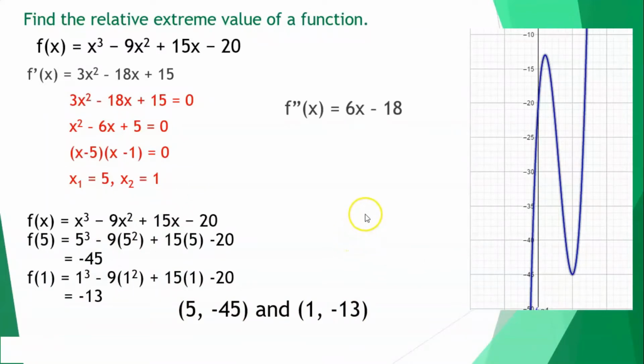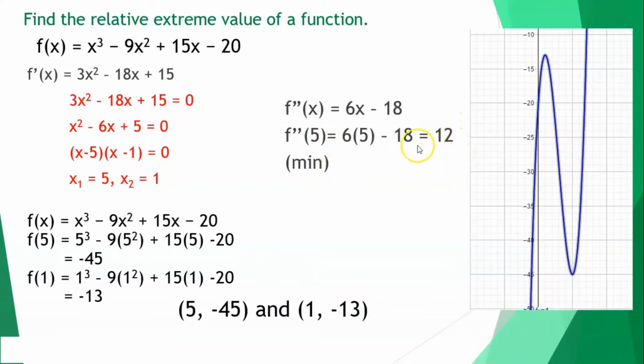Let's solve for the second derivative. This is our first derivative. To get the second derivative, this would be 6x, and the derivative of negative 18x is negative 18. Now we solve for f double prime of 5. Substituting, we end up with 12.